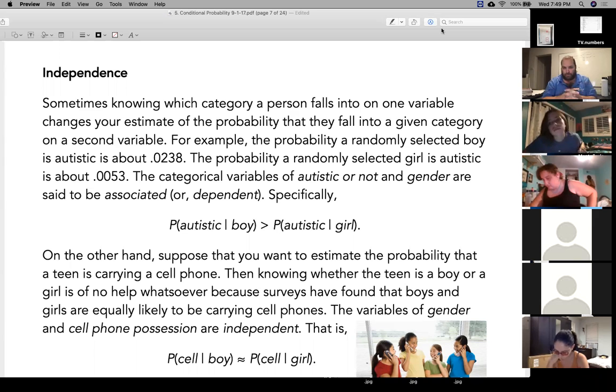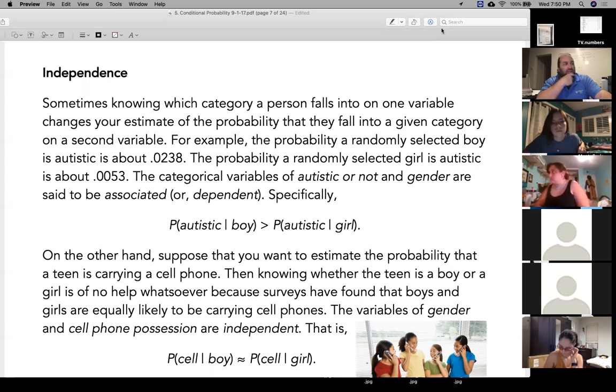For example, the probability that a randomly selected boy is autistic is about 0.0238. This is based upon empirical data, okay? The probability that a randomly selected girl is autistic is about 0.0053. So boys are much more likely to be autistic than girls.